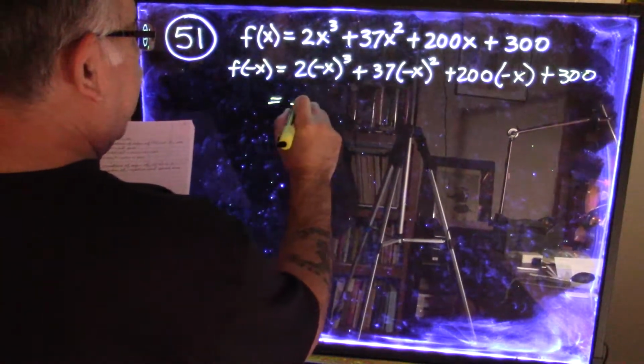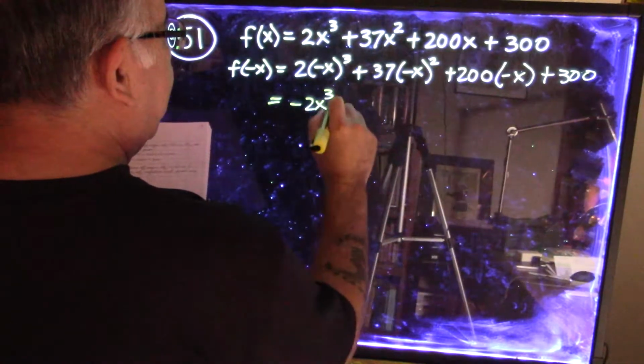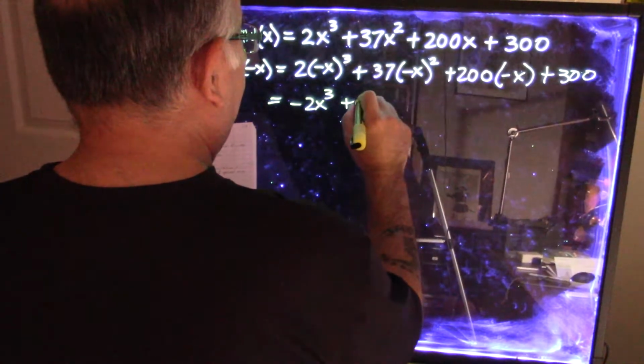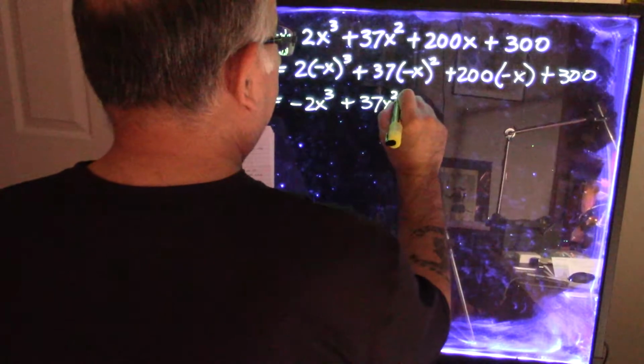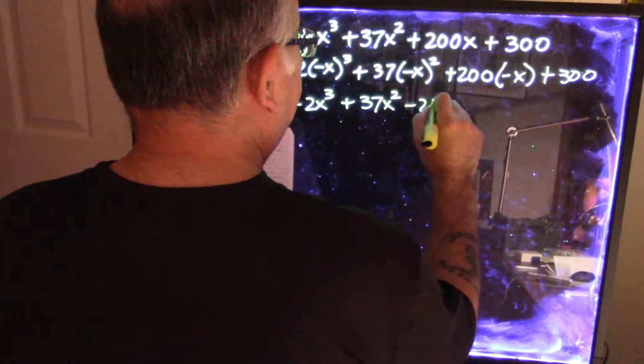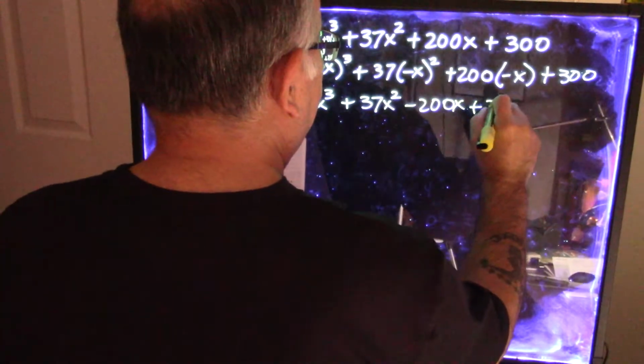So simplifying, we get negative 2x cubed plus 37x squared minus 200x plus 300.